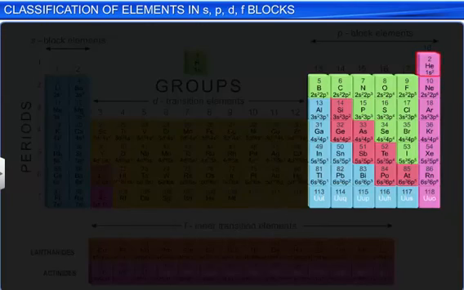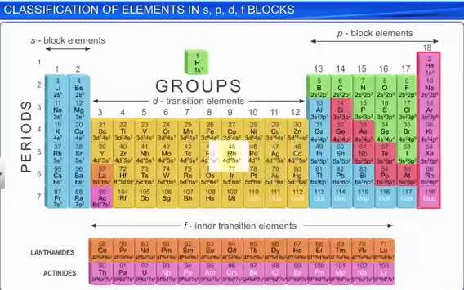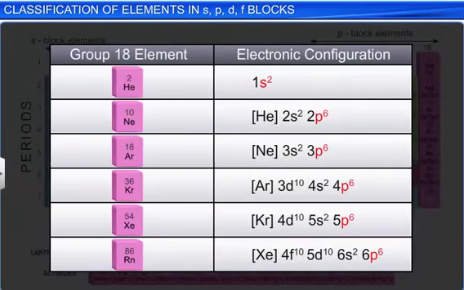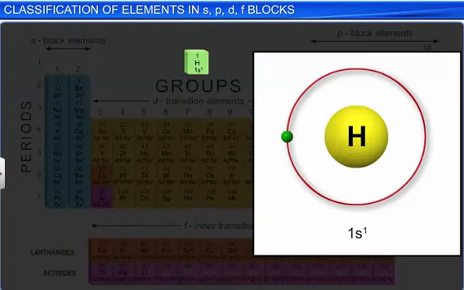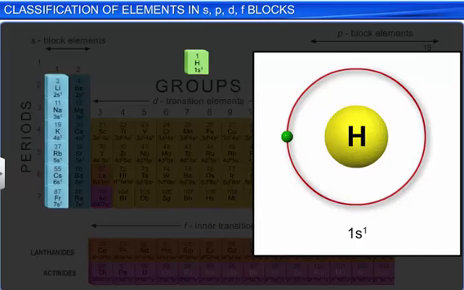This is because, like other group 18 elements, helium has a completely filled valence shell and as a result exhibits characteristic properties of other noble gases. The other exception is hydrogen, which has only one electron in the s orbital, and therefore can be placed in group 1 with other alkali metals.